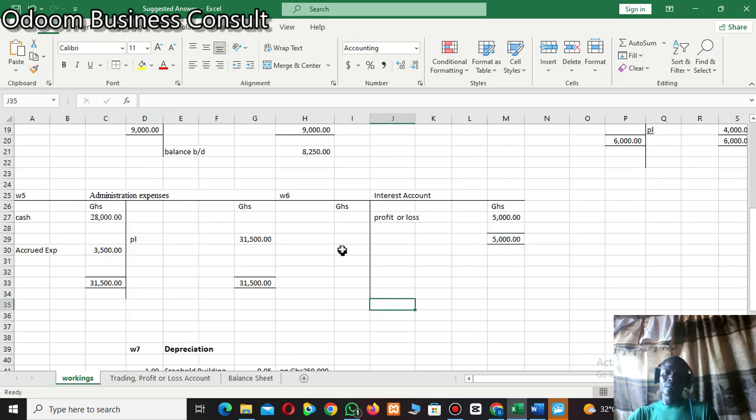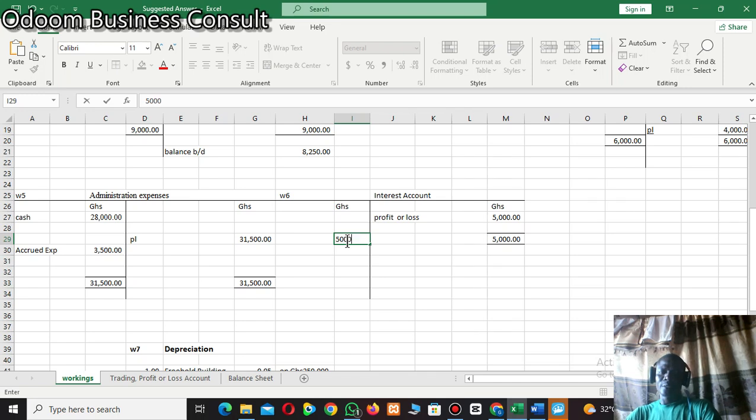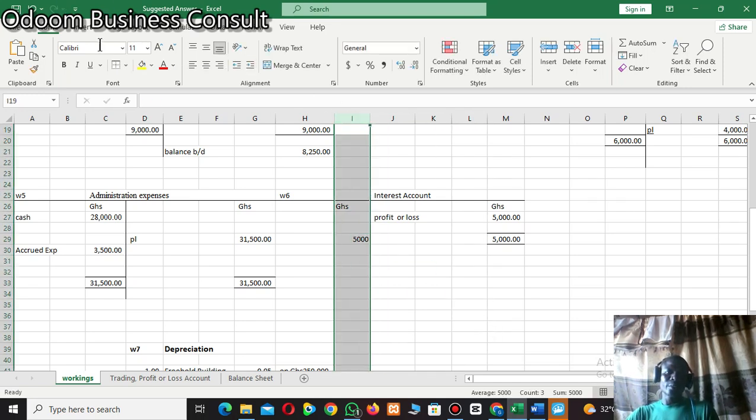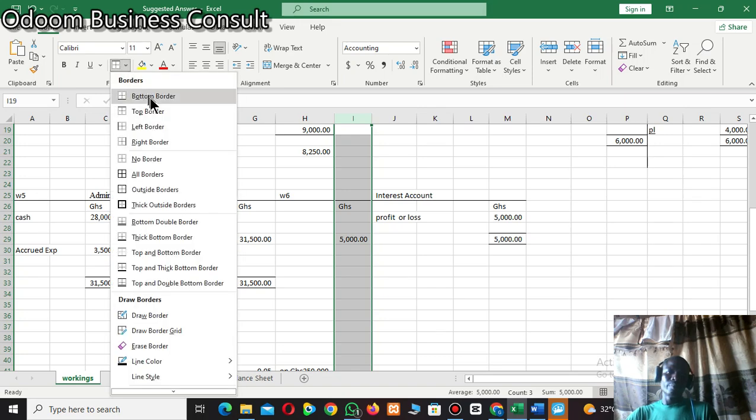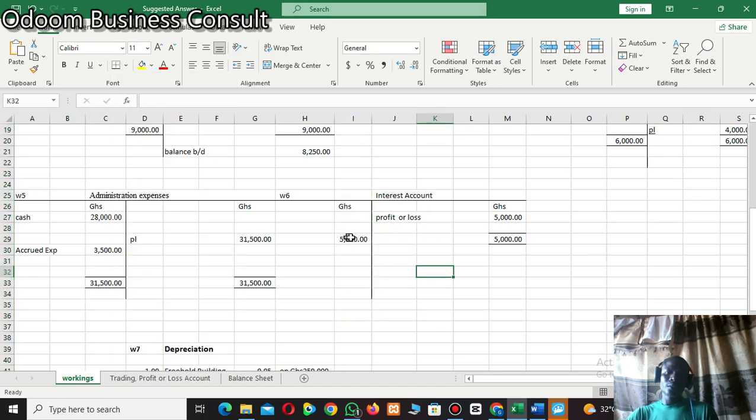Don't forget that when you get there, as I explained earlier, that expenses owing at the end of account year is a liability, and for that matter it should appear on your balance sheet.